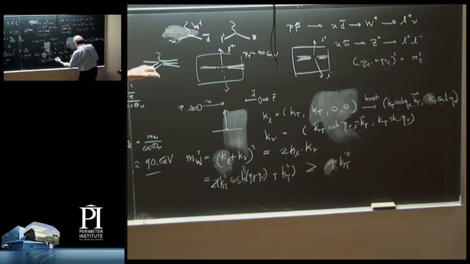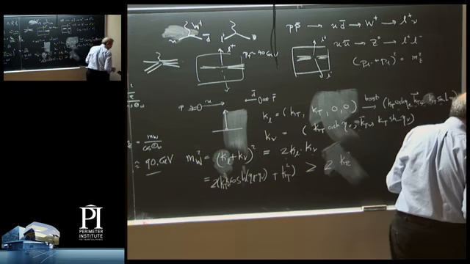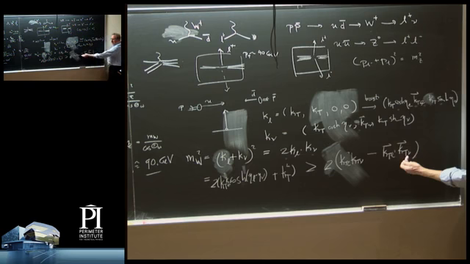Then this expression would be modified so that I would get 2 times the kT of the electron times the kT of the neutrino minus the kT of the electron dotted into the kT of the neutrino. So if these are roughly back-to-back, you get the expression that I had a moment ago.